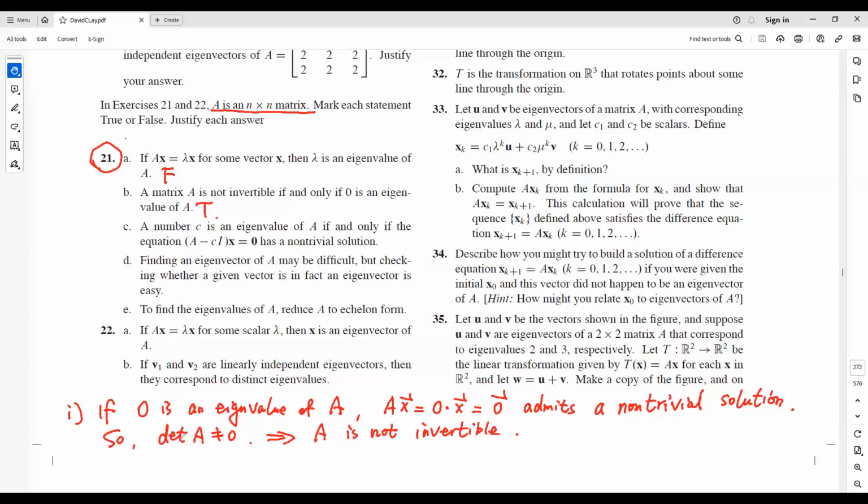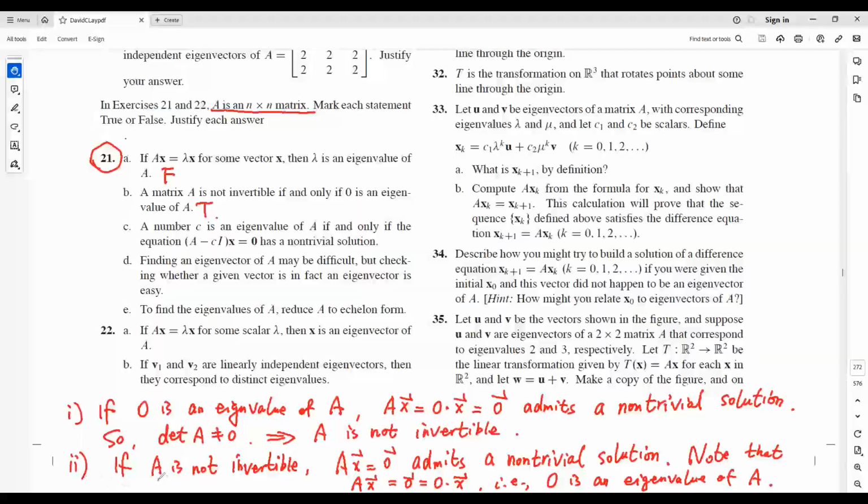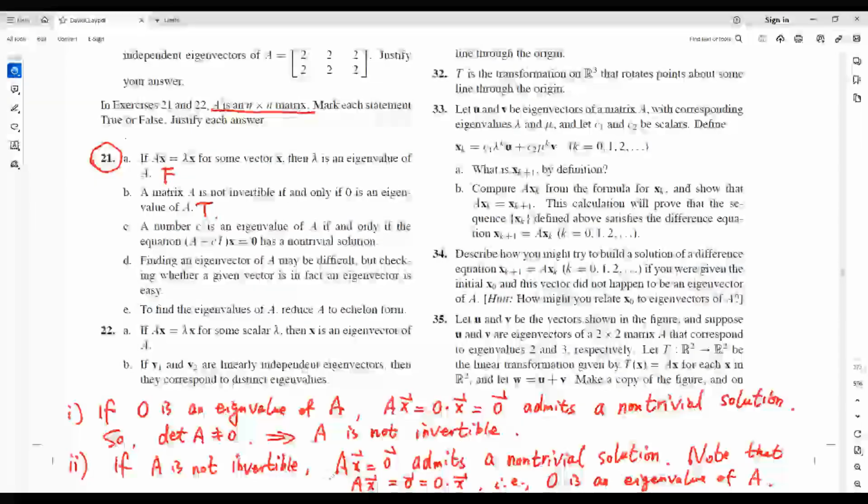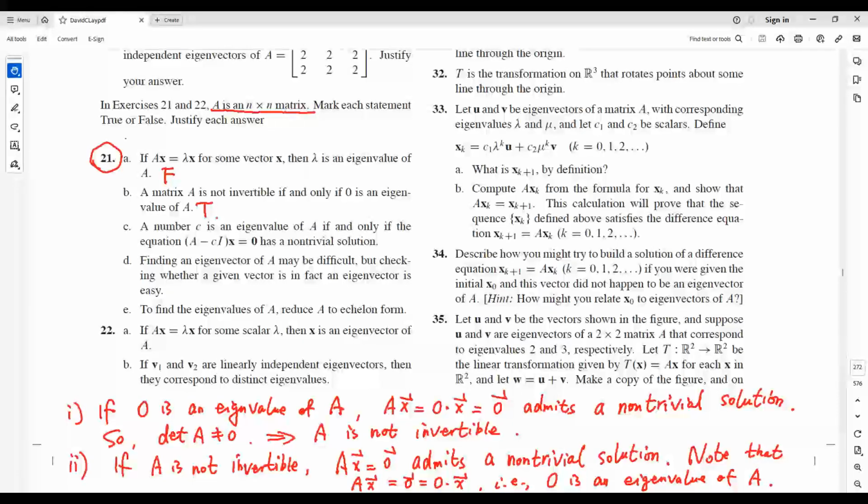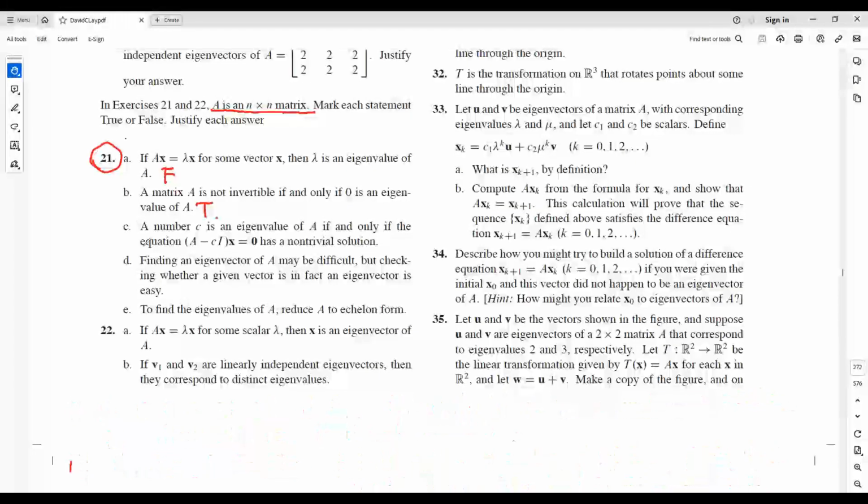This implies the determinant of A is 0, so A is not invertible. Conversely, if A is not invertible, then Ax equals 0 admits a non-zero solution. This says 0 is an eigenvalue of A.